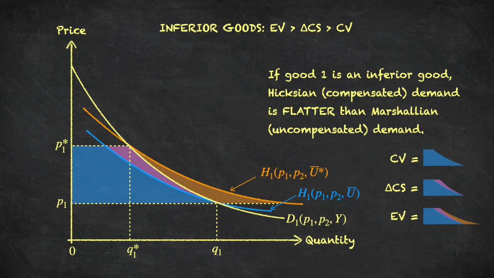If the consumer always demands the same amount of a good as their income changes, then all of the measures will give exactly the same answers. We've seen an example in your textbook already: quasi-linear utility functions. For quasi-linear utility functions, consumer surplus, equivalent variation, and compensating variation are all going to give you precisely the same answer, because the uncompensated and the compensated demand functions coincide for those preferences.